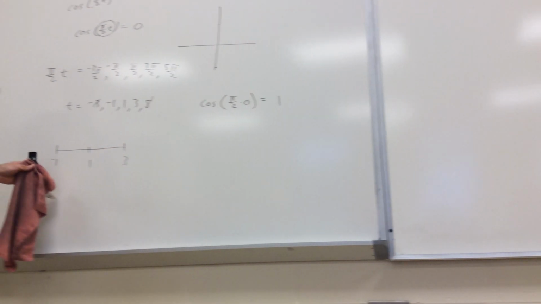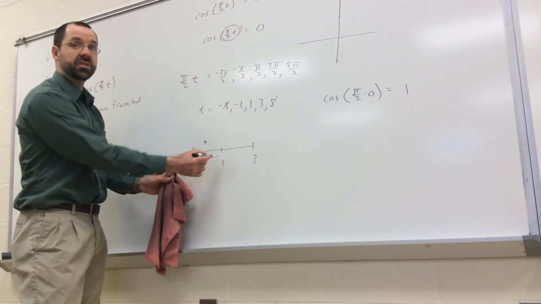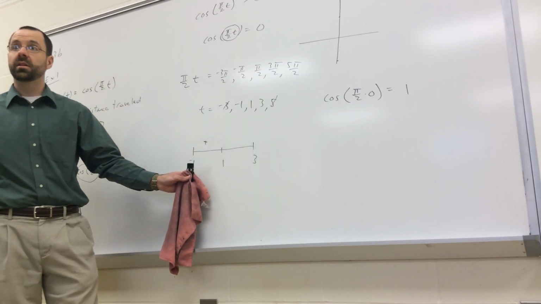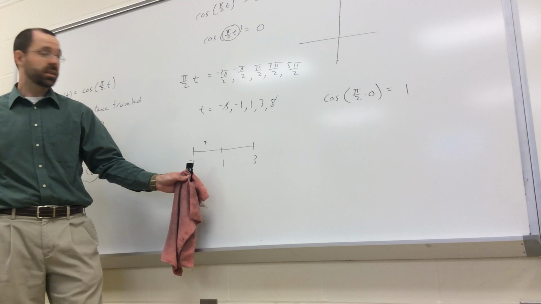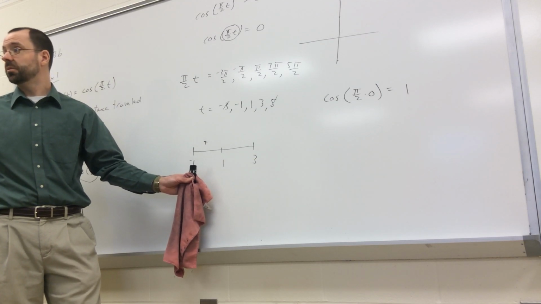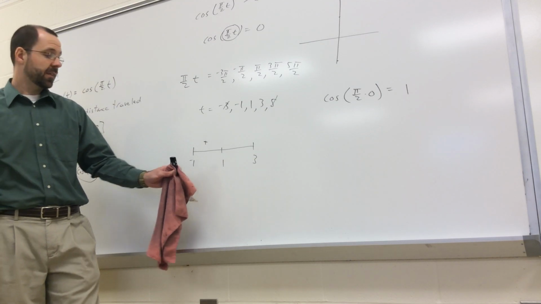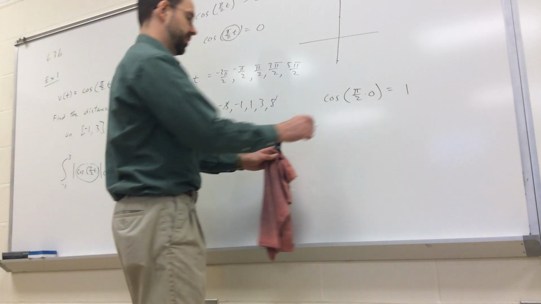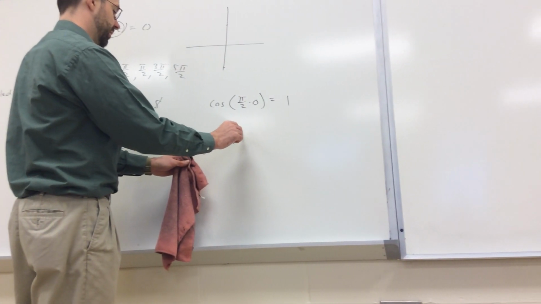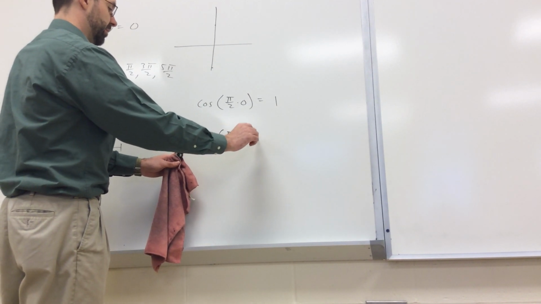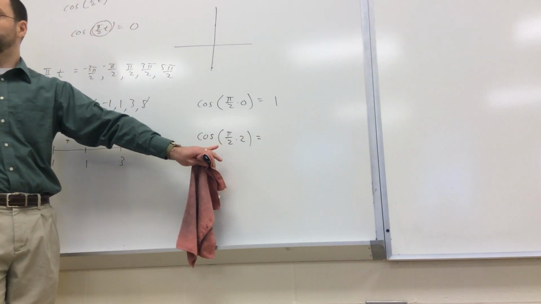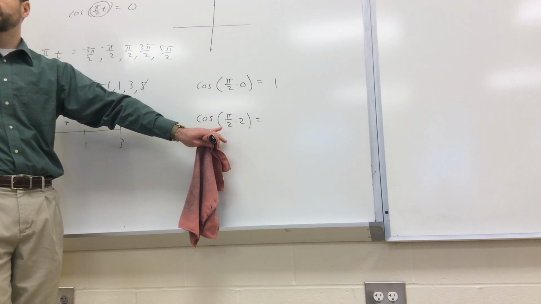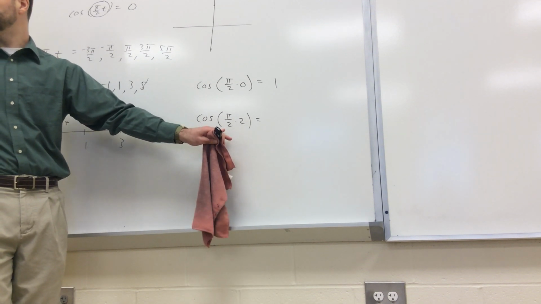So that means that for all these numbers in between negative 1 and 1, the cosine of pi over 2t is positive. Then I'll try 2 for that interval. So cosine of pi over 2 times 2. Pi over 2 times 2 is just pi. We're taking the cosine of pi, which is negative 1.